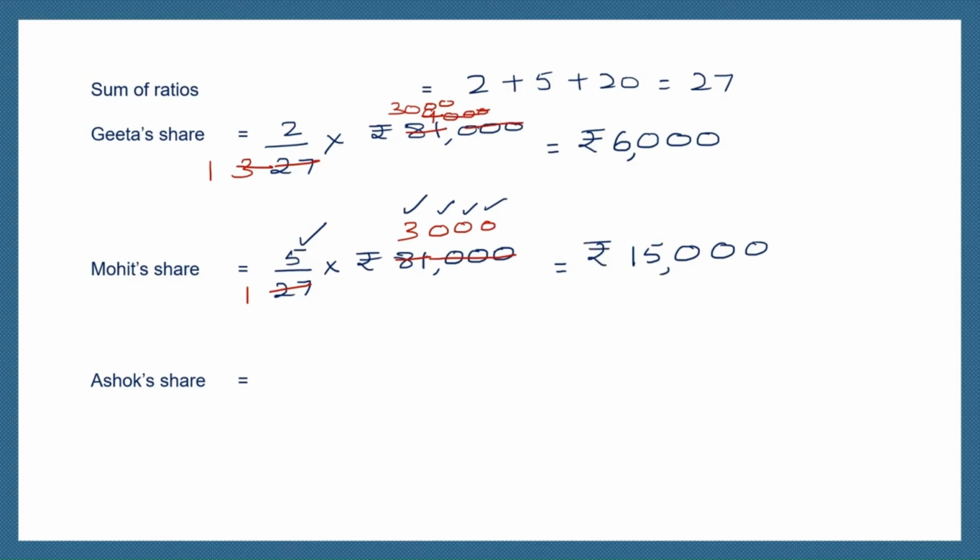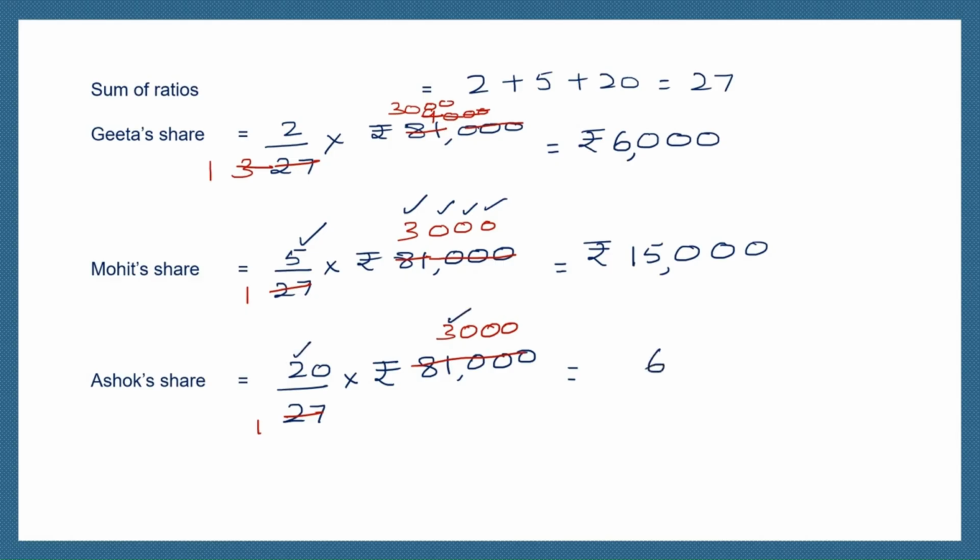Ashok's share. Now we'll go on to the third number, that is 20 by 27 into 81,000. So let's do the cancelling. 27 ones and 27 into 3,000. Now we need to multiply 20 into 3,000. So let's multiply only 2 into 3. 2 threes are 6.